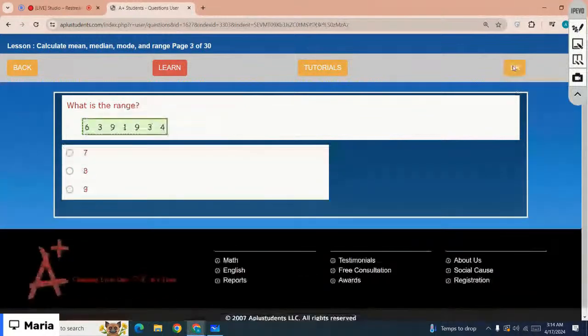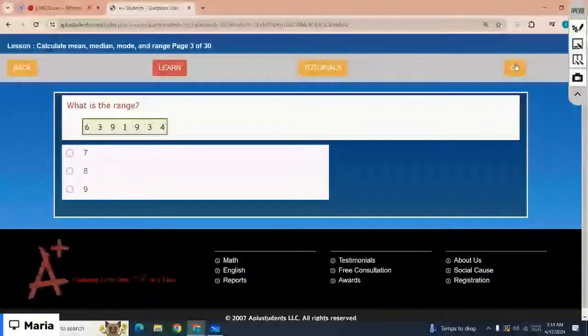What is the range? Range is the difference between the greatest and the smallest number in the given data, right?